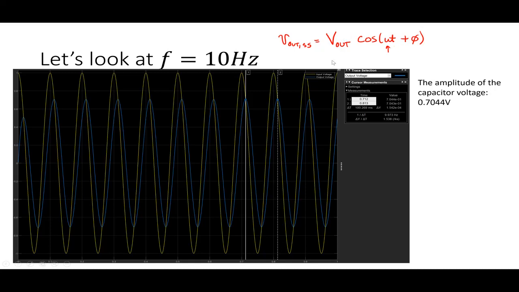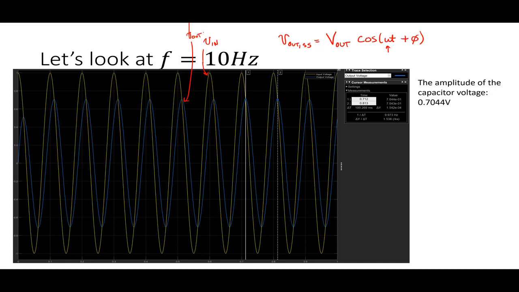Let's say I wanted to figure out at 10 hertz, what's the magnitude of V out, what's the amplitude of it, and what's the phase shift. What I'm showing here is this oscilloscope in Simulink for that circuit. The yellow waveform is V in, and the blue is V out.